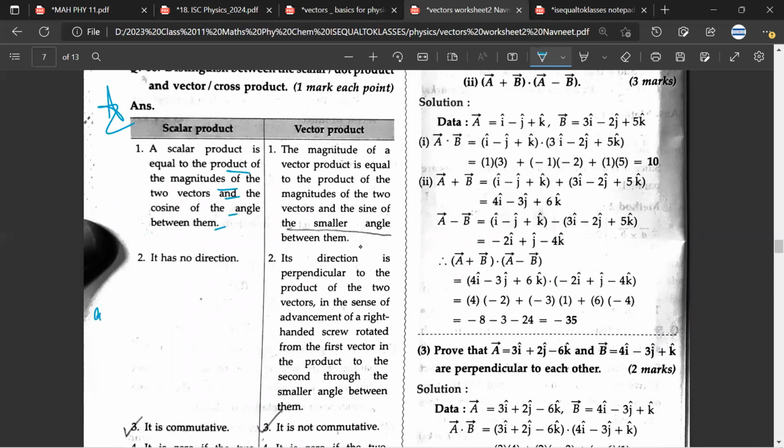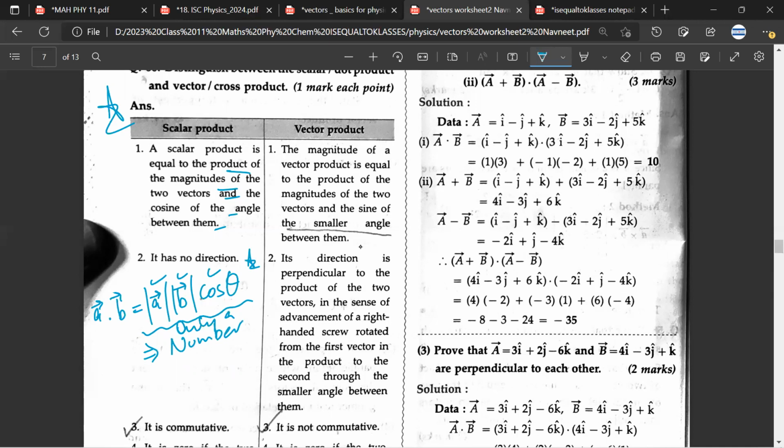If you remember, a dot b is equal to a b cos theta. This would be a number, so when we take a dot product, it is always just a number. Have you understood, Avantika?